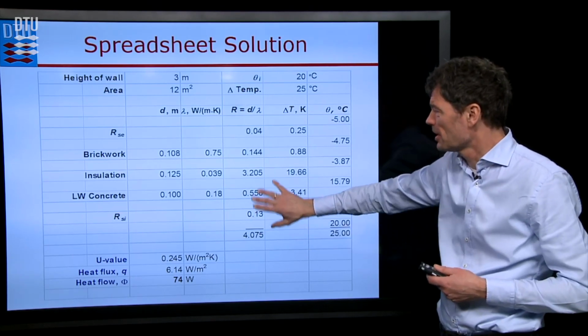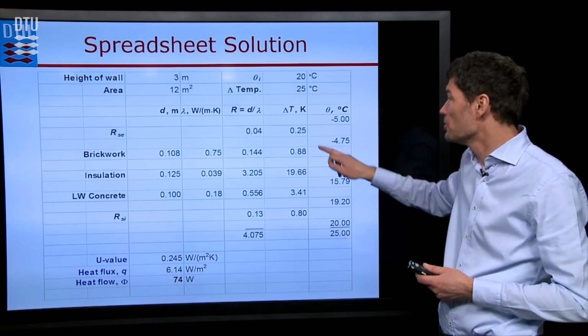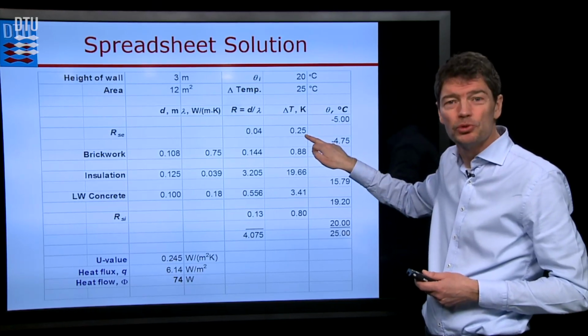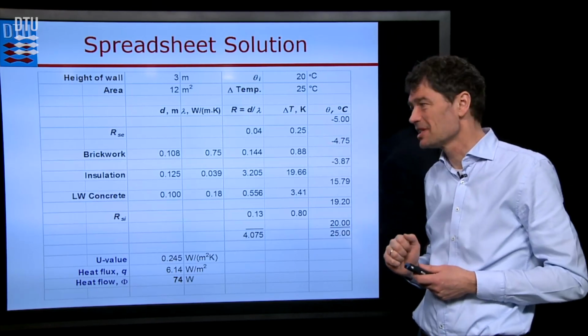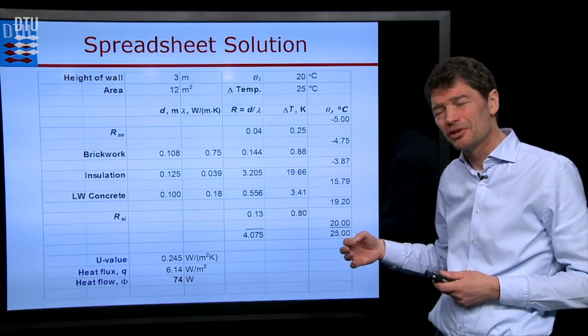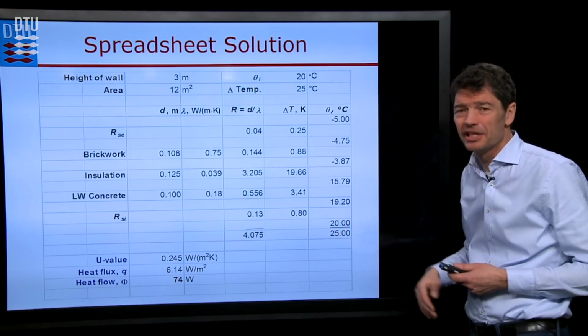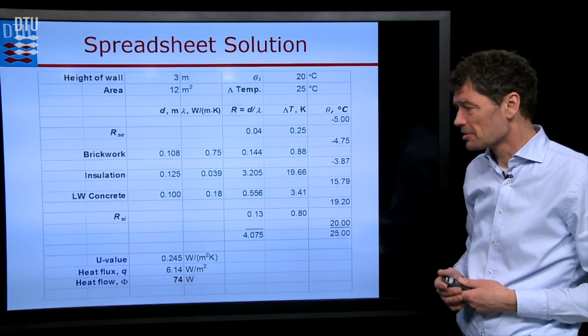If we multiply that ratio with the total temperature difference of 25 degrees, we see a 0.25 degrees centigrade temperature drop over the exterior surface resistance. And so forth, you can calculate for all the other material layers in a construction, and such you can calculate a temperature value for each interface in the materials.